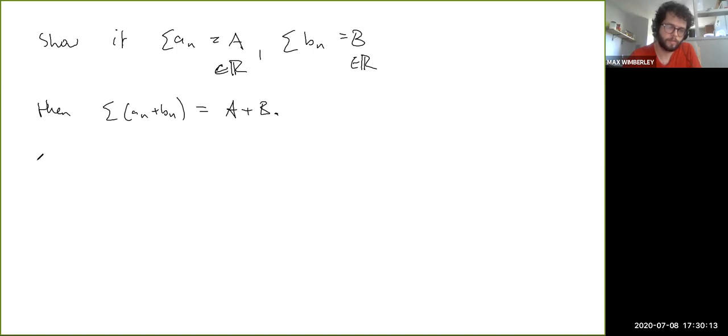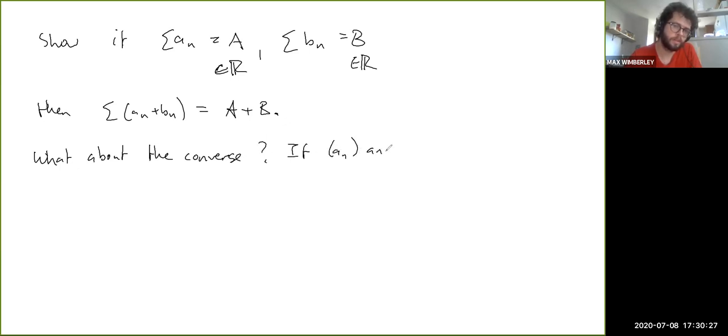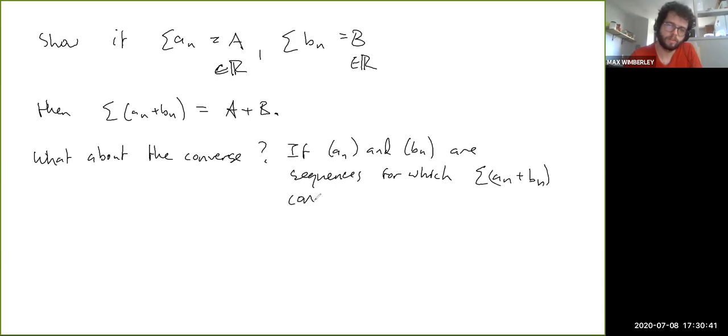That's the first part. Then the next part is, what about the converse? If an and bn are sequences for which the series an plus bn converges, do the series of an and the series of bn converge?